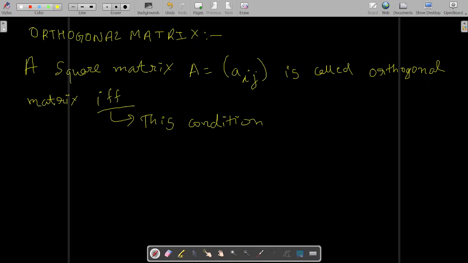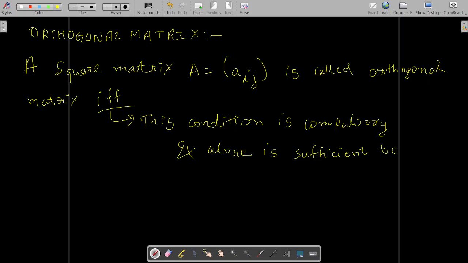This condition is compulsory and alone is sufficient. So, if and only if A transpose A is equal to the identity matrix, which is equal to A A transpose.